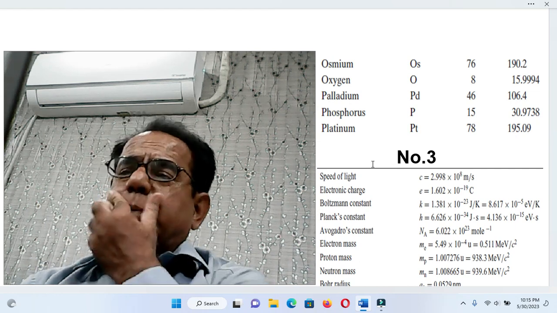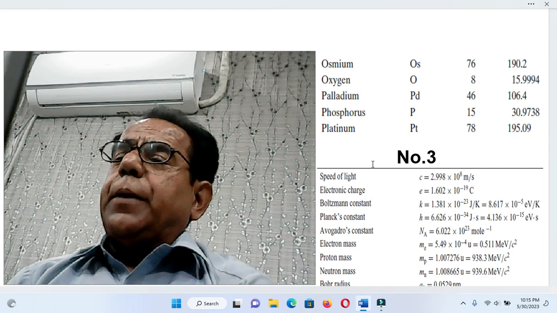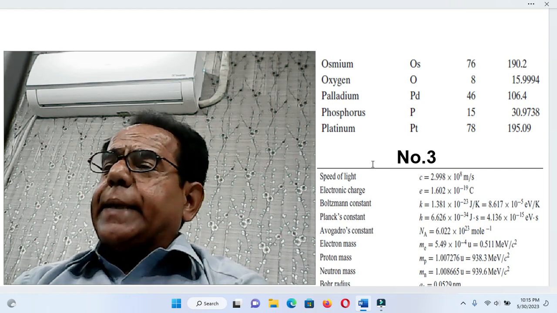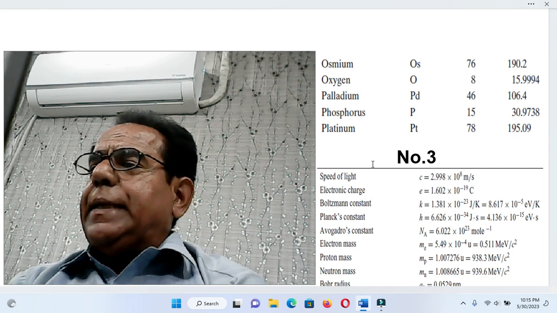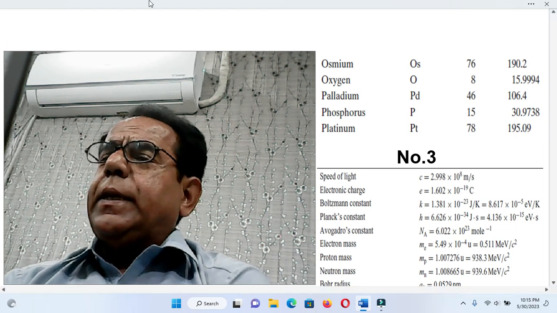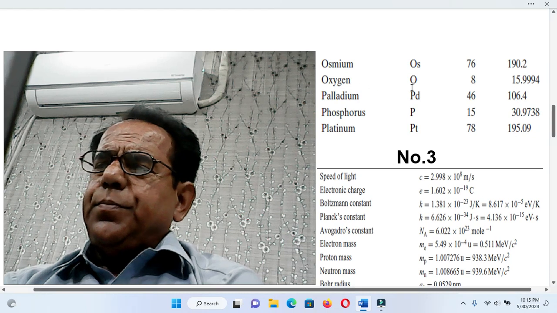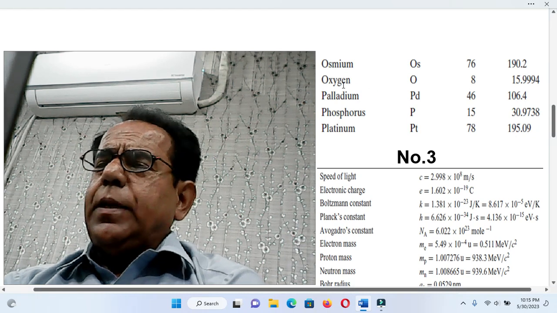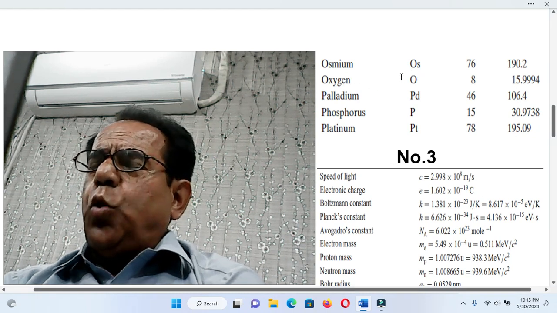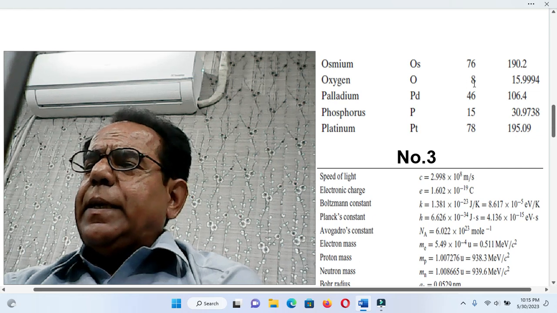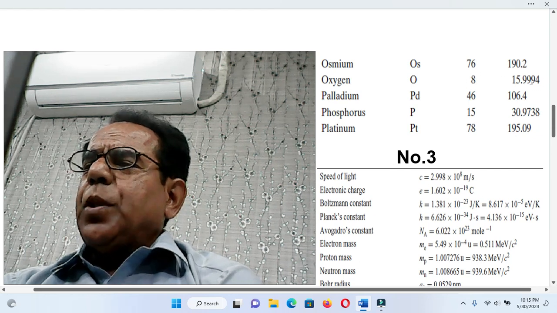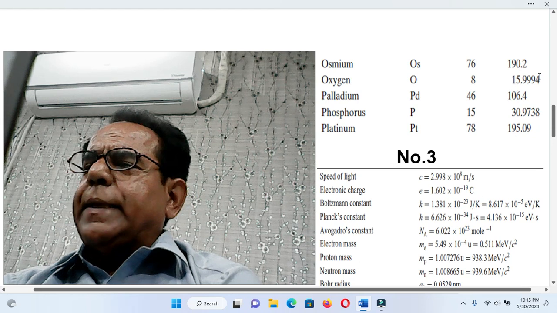Here oxygen, O, 8, 15.9994. This is our relevant row: oxygen, symbol capital O, atomic number Z 8, and this is gram per mole, that is atomic mass unit U.